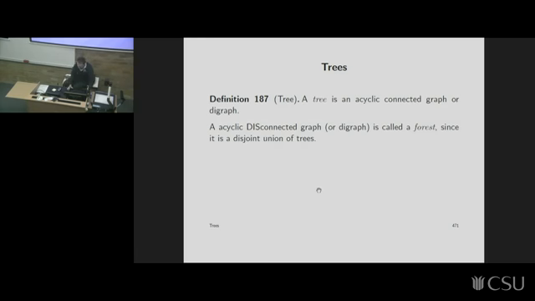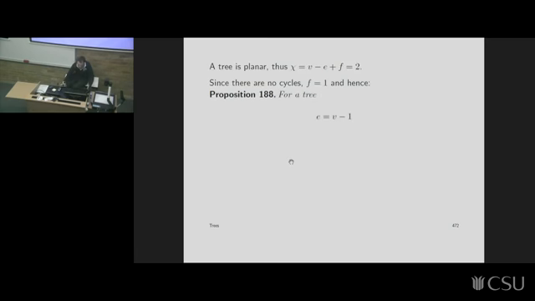So let's look at some properties, things that are special about them. A tree's a planar graph, and therefore the Euler characteristic is 2. The Euler characteristic we did last week: the number of vertices minus the number of edges plus the number of faces equals 2.